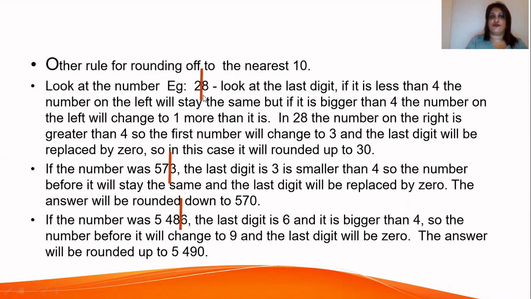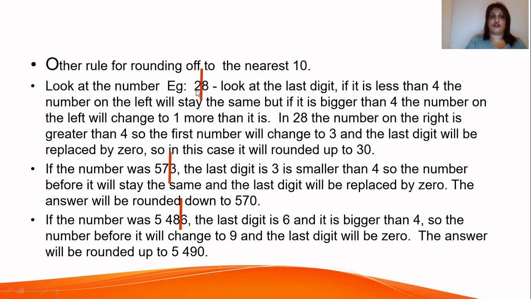If the last digit is 5 or more, that is, greater than 4, the number on your left in the tens column will move up one digit. So for example, 28, 8 is greater than 4, so 2 will change to 3. And you'll replace the rest of the digits with a 0. So 8 will be replaced with a 0, and the first number will change to 3, 1 higher.